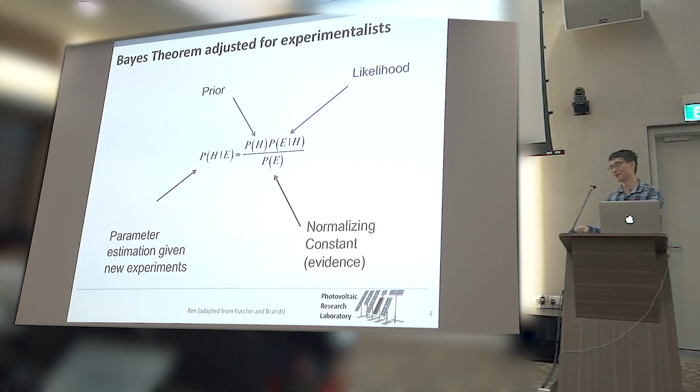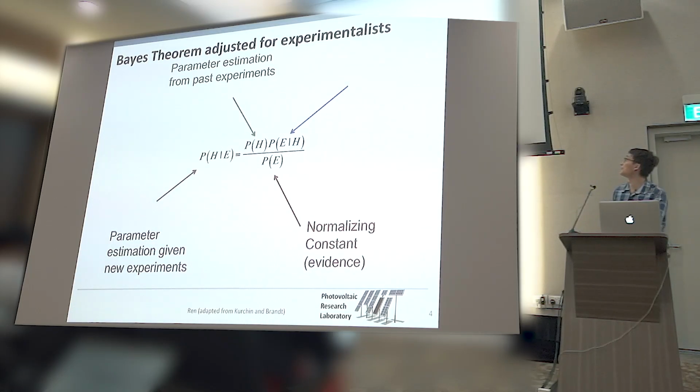You run some new experiment, and what will be the likelihood of my underlying, for example, interface or bulk properties. And the prior is nothing but your prior parameter estimation from past experiments, so what you have learned from either literature or your past runs of experiments.